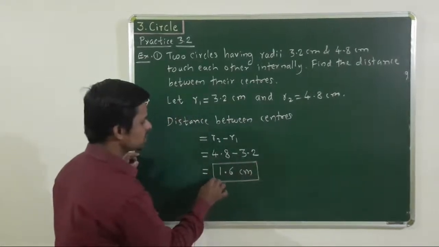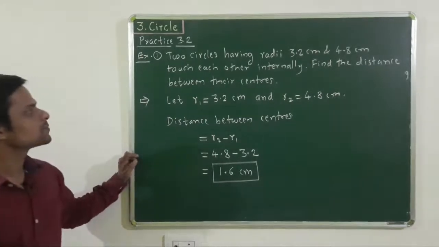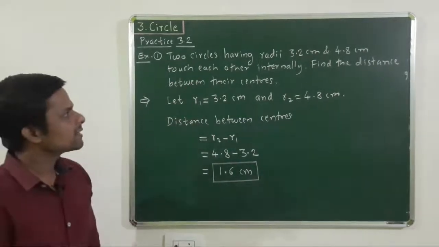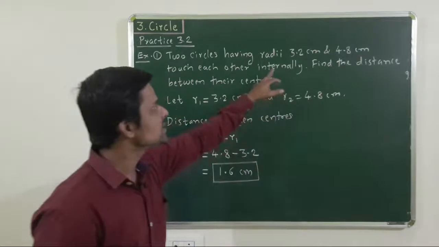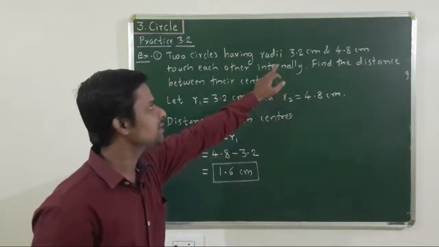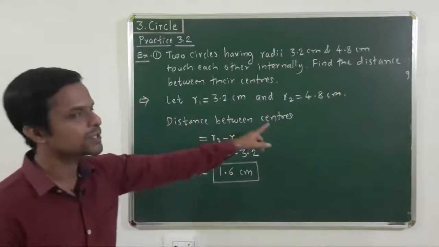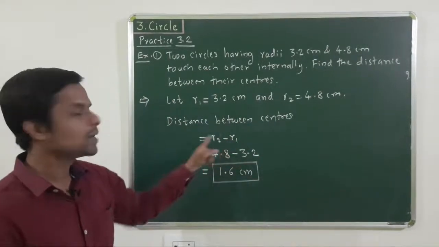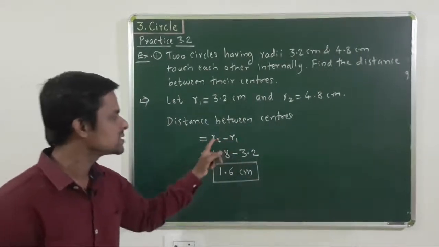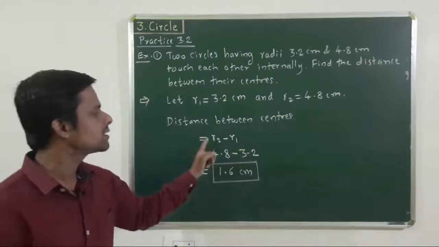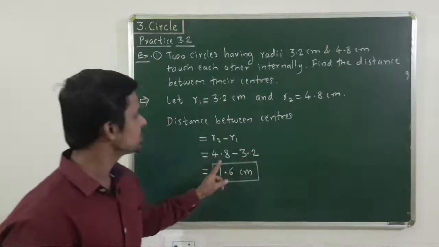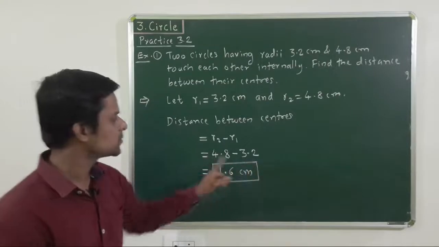Very simple solution. It is for 1 mark in exam. Two radii are given, 3.2 and 4.8, and this is important. These two circles are internally touching circles, and therefore the distance between their centers is the difference between their radii. Difference means always bigger first and then smaller. Bigger minus smaller. The bigger one is 4.8, the smaller one is 3.2.